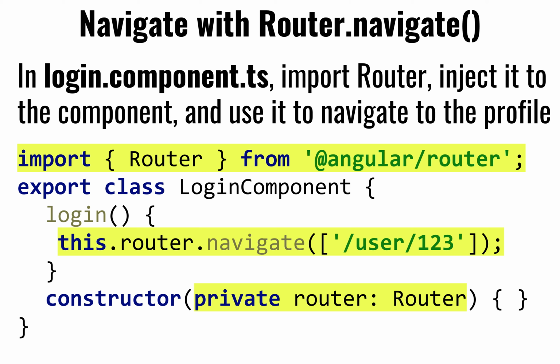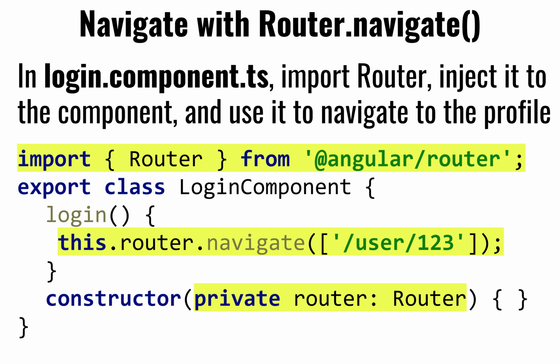And here we notice that the syntax is an array. The array allows us to build the path programmatically, and all the strings in the array will be concatenated into one big URL. Here I'm just building the string right away instead of a plain old string. So the path is /user/123.